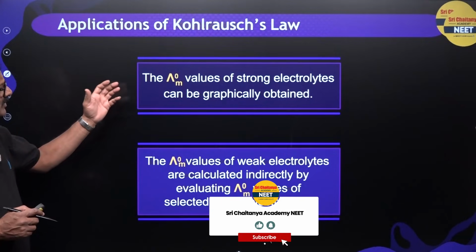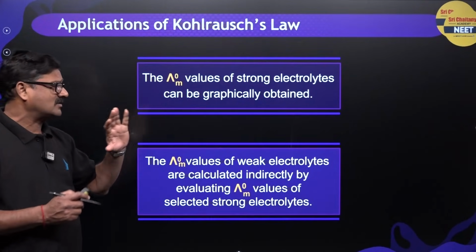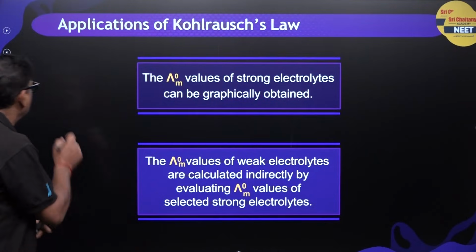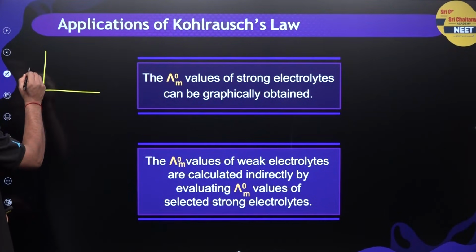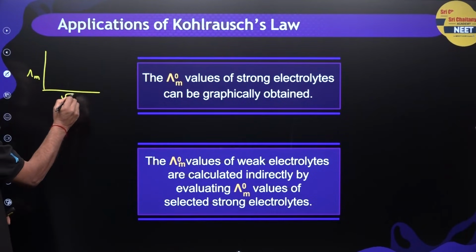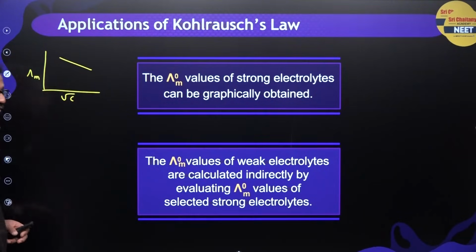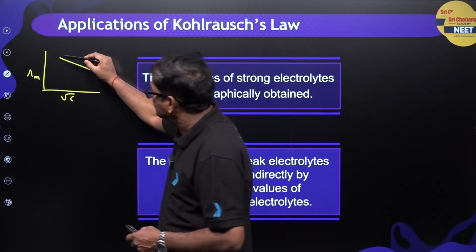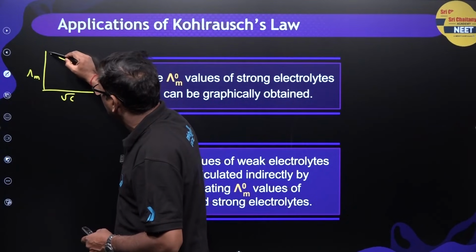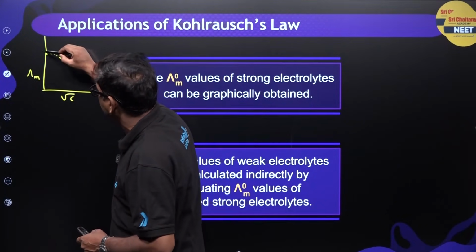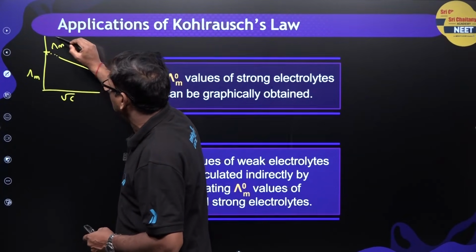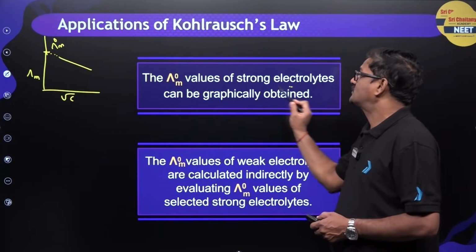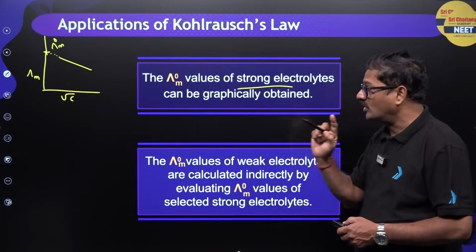The limiting molar values of strong electrolytes can be measured graphically, as you know, because if you plot molar conductance against root concentration, the strong electrolyte is going to give a straight line, and on extending this straight line, according to the Debye-Huckel-Onsager equation, you get the limiting molar conductance, only for strong electrolytes. For weak electrolytes you can't do it.